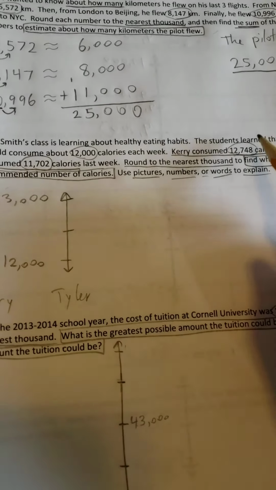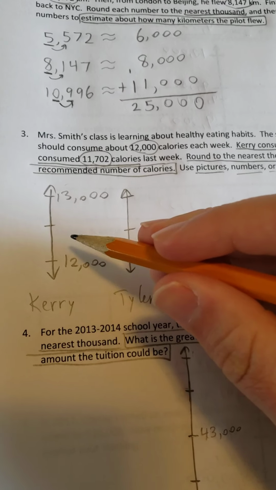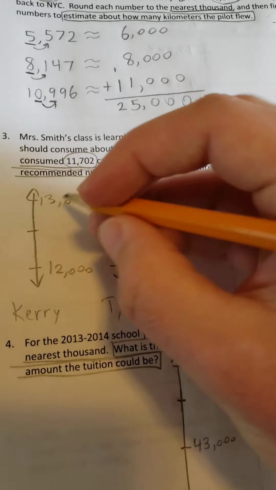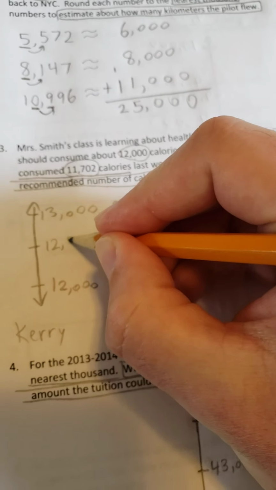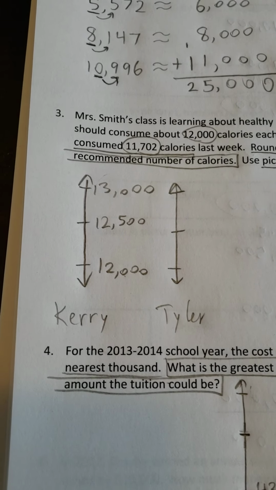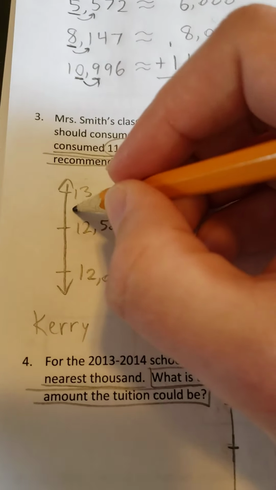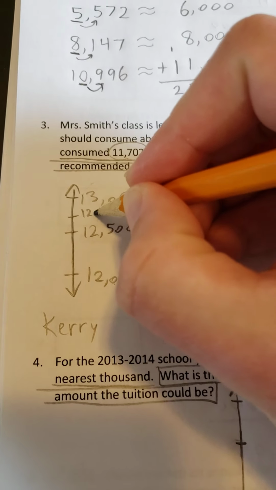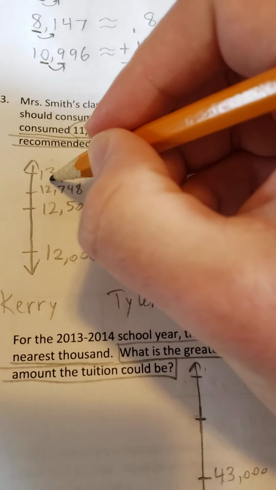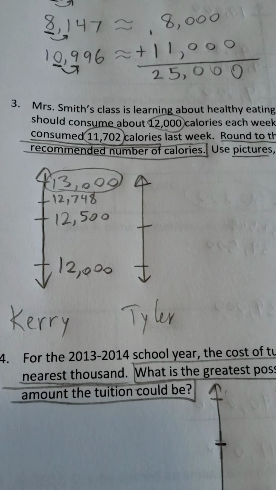Okay, so that 12,748 falls between these two thousands. And then the midpoint is, just remember, we put a 5 there after the place we're trying to round to, so 12,500. Where does 12,748 fall in this? Well, 748 is more than 500, so it's going to be up here, which would round up to 13,000. So that's Carrie.